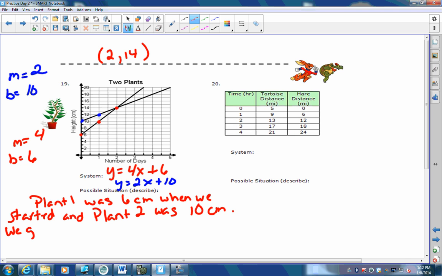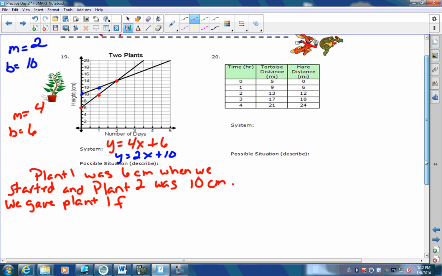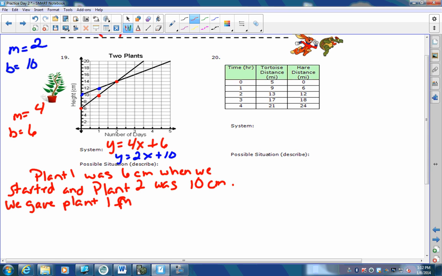We gave plant 1 fertilizer, I guess, Magic Grow, to see if it would work.